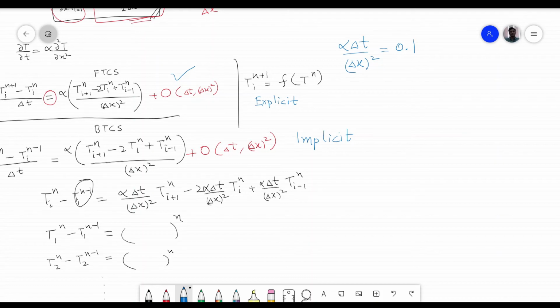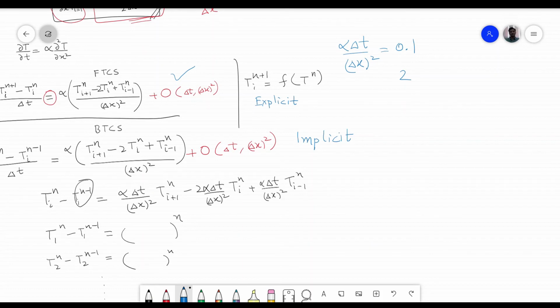But if I had taken this as 2 or something else higher than this, there is a relationship. You have to take alpha delta t by delta x square less than a certain value to get the correct answer. Otherwise, this is unstable. The errors increase with time.